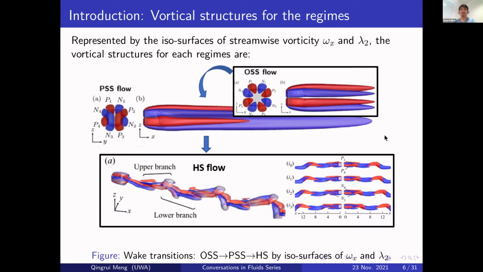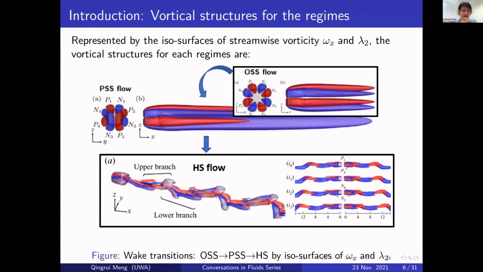If we observe the vortical structures in these three regimes, the OSS flow has four pairs of vortex tubes in orthogonal symmetry, and the PSS flow is characterized by two strong opposite-sign vortex tubes.